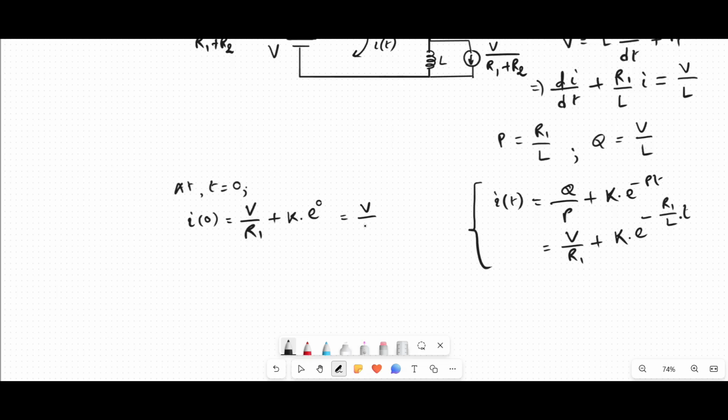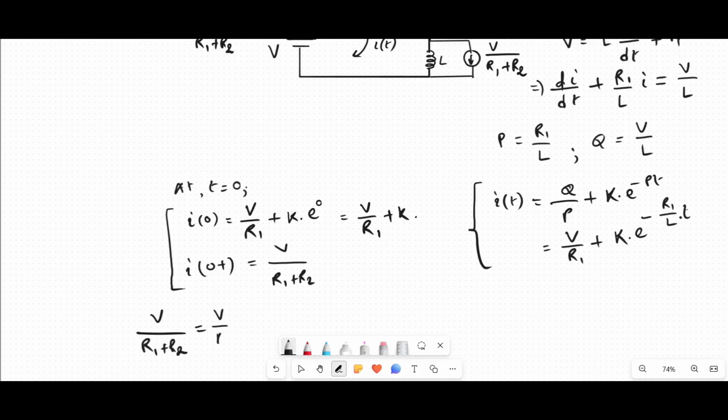So this is V by R1 plus K, and we also know the value of I(0+) equals V by R1 plus R2. So now we can equate these two, and we will be having V by R1 plus R2 equals V by R1 plus K.